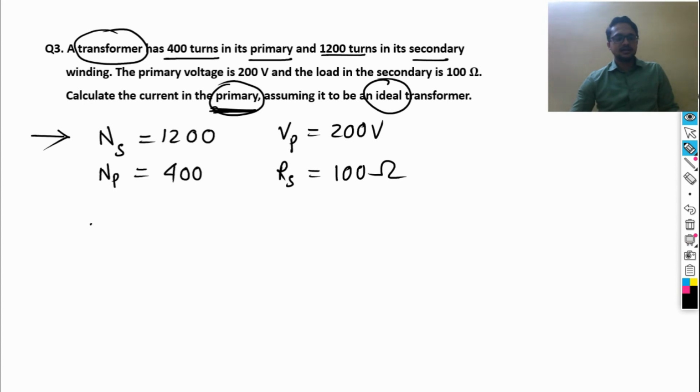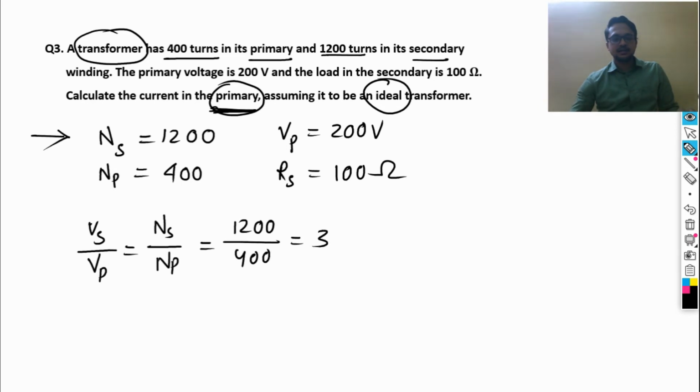Voltage is directly related to the number of turns. So Vs by Vp equal to Ns by Np. Ns by Np is 1200 by 400, you will get 3. We have to find Vs. Vs will be 3 Vp. 3 into 200, so it will be 600 volt.